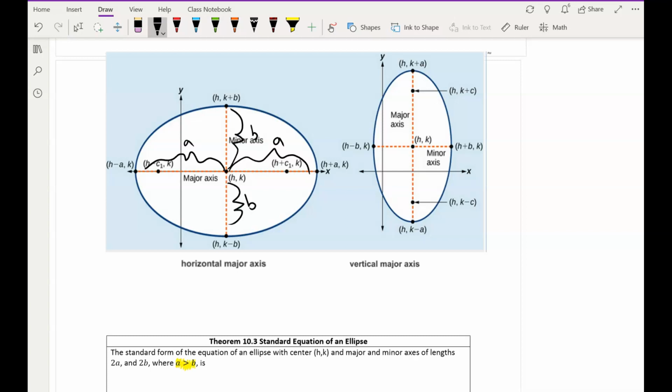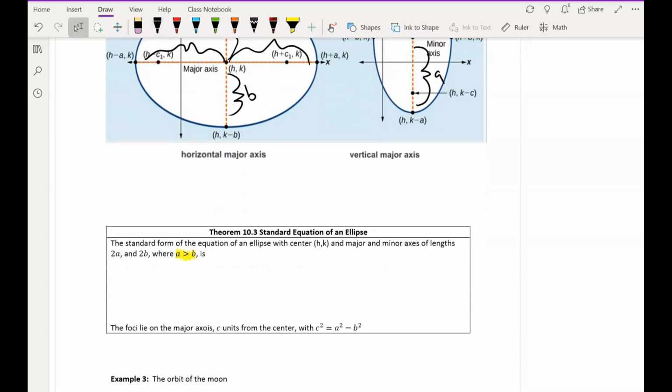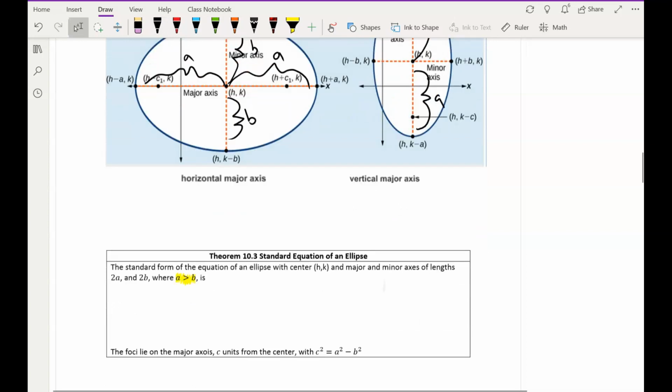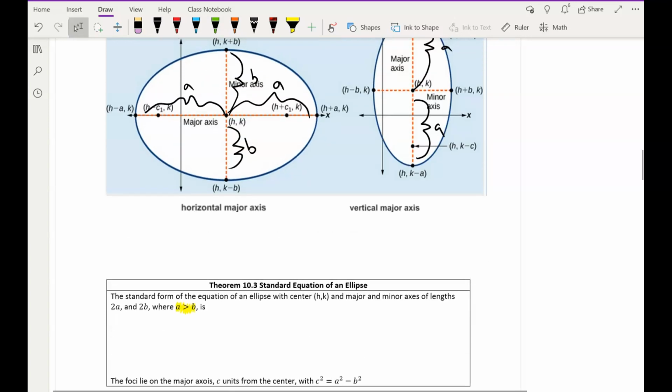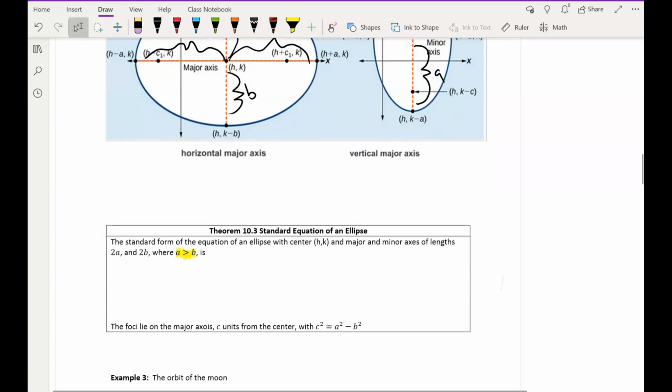So keep that in mind if you're ever graphing an ellipse. The a value is always the major axis, or the longer one. This is going to be an a value. This is going to be an a value. And the reason that it's important to keep in mind that a is greater than b is, one, for the graph, the longer axis, the major axis, is going to involve that a, and it's also going to tell us whether it's a horizontal or vertical major axis.